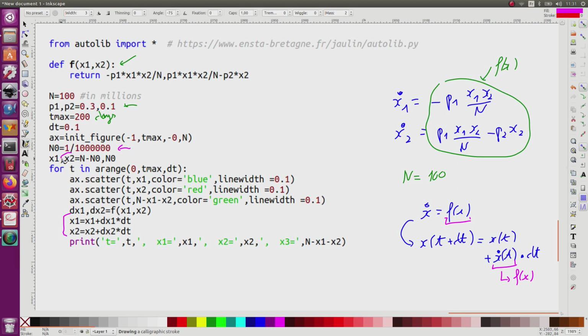So x2 is the infected people. x1 is not yet infected. I will perform my simulation. I will write time t, x1, x2, and x3, taking into account the fact that x1 plus x2 plus x3 is equal to the total population of 100 million. And here I will draw the corresponding graphic with respect to time of each of the state variables.